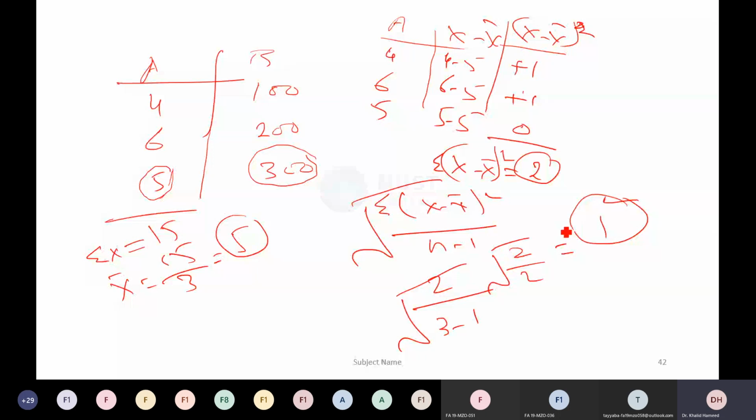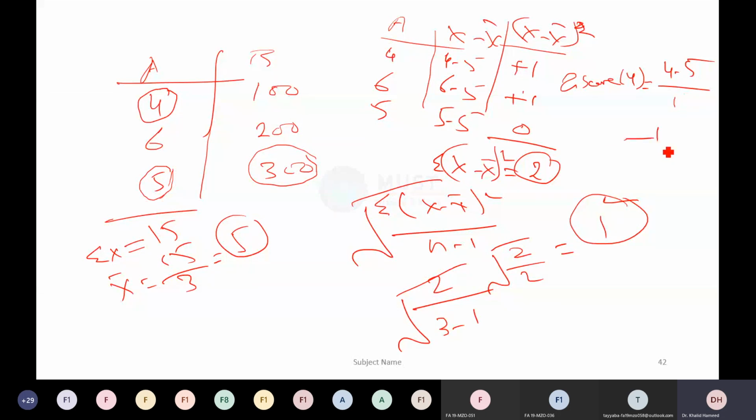So now you can calculate the z-score for any value. For example, if you are interested in calculating the z-score of value 4, it will be like this: z-score of 4 is equal to x, which is 4, minus x bar, 5, divided by my standard deviation, which is 1.